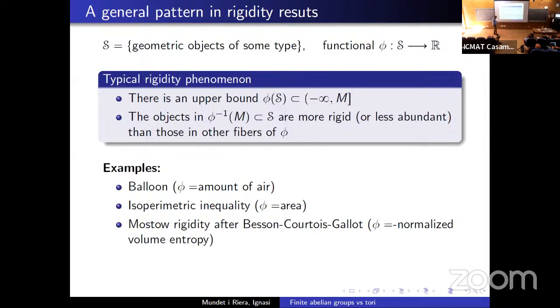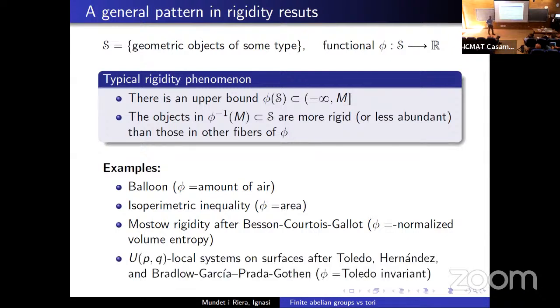And then the fourth example, this involves work of Oscar, is a situation where the geometric objects are local systems on a fixed Riemann surface with a structure group U(p,q). In that case, one takes as a functional the Toledo invariant, so this is a discrete valued functional, but never mind, or just take the absolute value if you want, and this is bounded above.